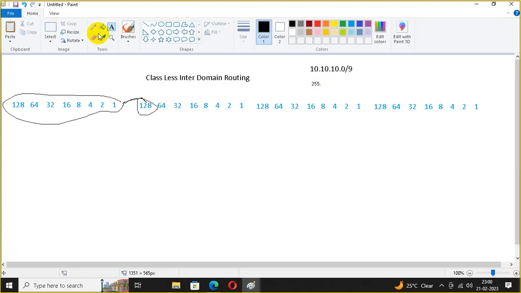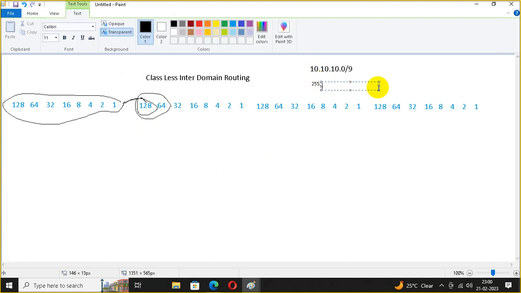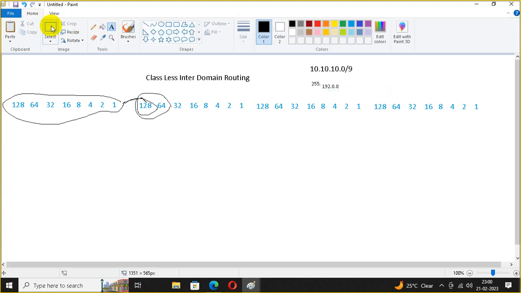So what will be the value of 128 and 64? 192, right? So 255.192.0.0. Clear? Yes, sir.